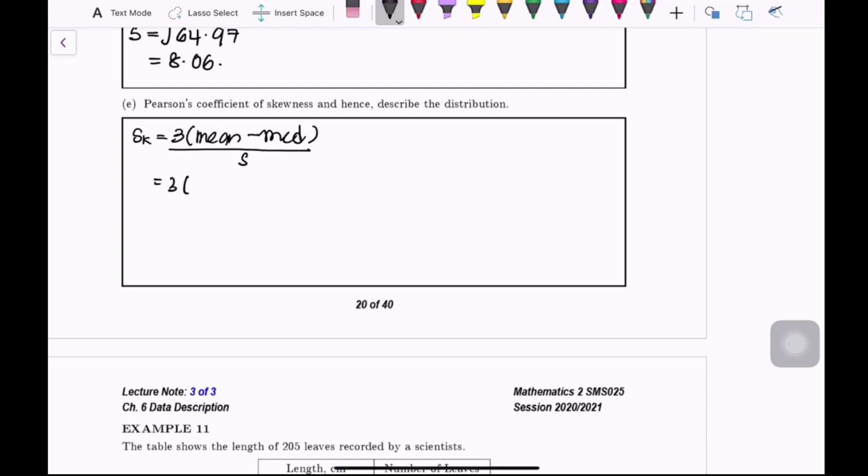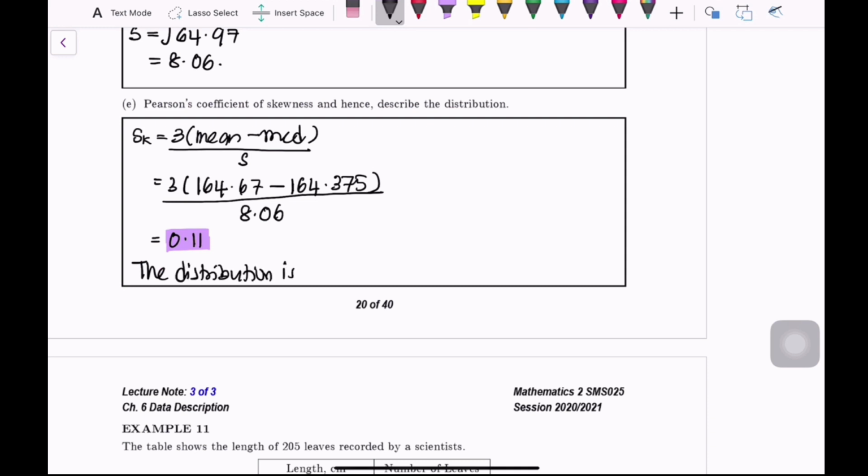So 3 times the mean, 164.67, minus the median, 164.375, over the standard deviation, which is 8.06. So Sk is 0.11. By looking at the value of Sk, 0.11, the distribution is skewed to the right.